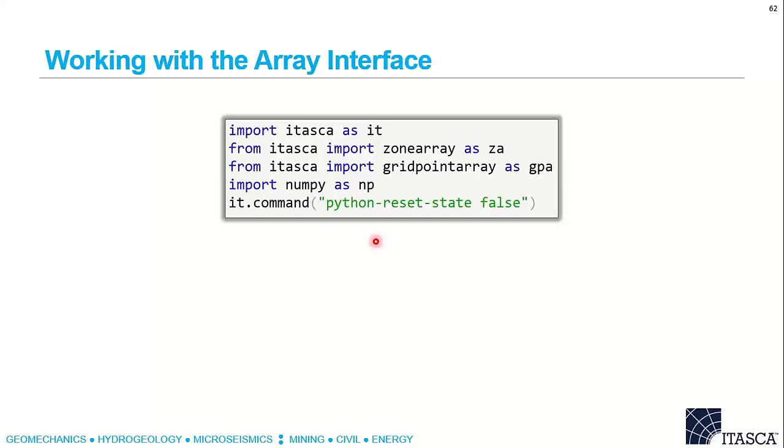Within this example, the typical starting point is to import your various libraries. Similarly to how Itasca is shortened to IT as a general code syntax, your zone arrays and grid point arrays, which are the equivalent to the zone and grid point submodules for the array interface, are typically shortened to ZA and GPA, which saves you the hassle of always writing zone array and grid point array whenever you want to access some functions.